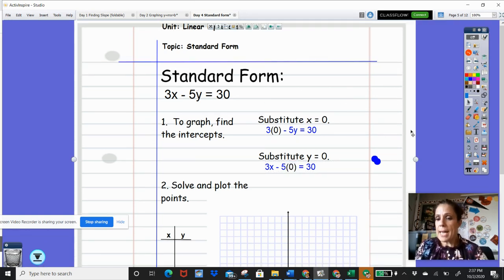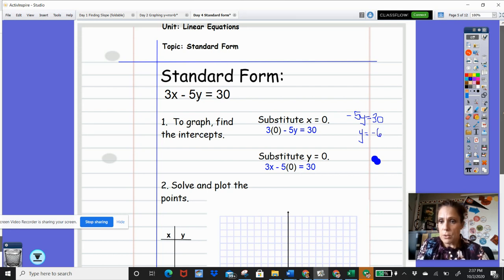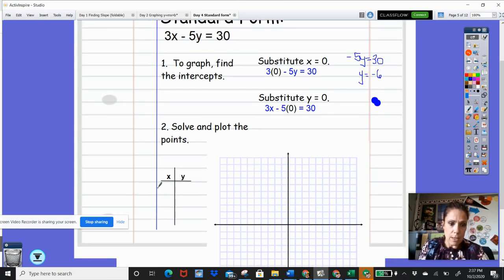So then I really have negative 5y equals 30. Divide both sides by negative 5, and I get negative 6. So my y-intercept will be 0, negative 6.